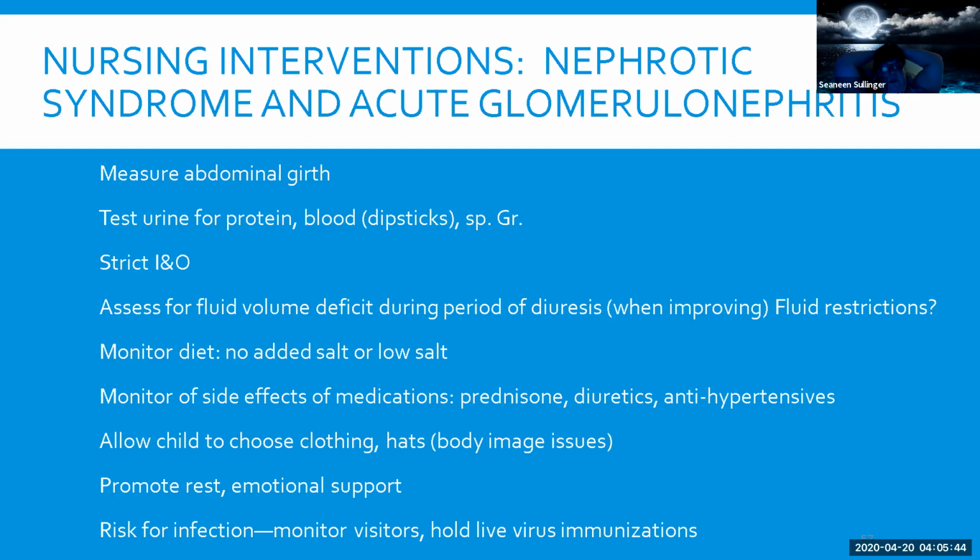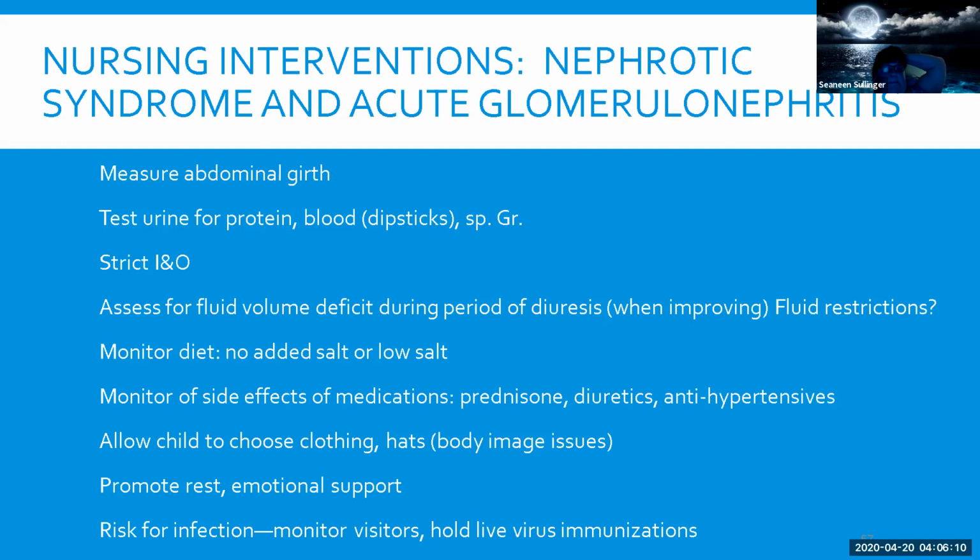No added salt or low salt diets, prednisone to decrease the inflammation, diuretics to help release the urine, antihypertensives. Depending on how edematous the child is, looking at loose clothing, some hats, rest and emotional support for sure, and for the parent as well.